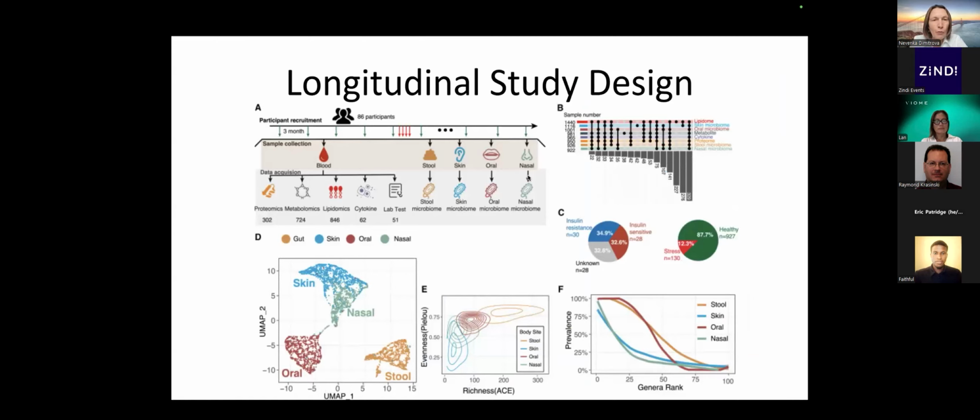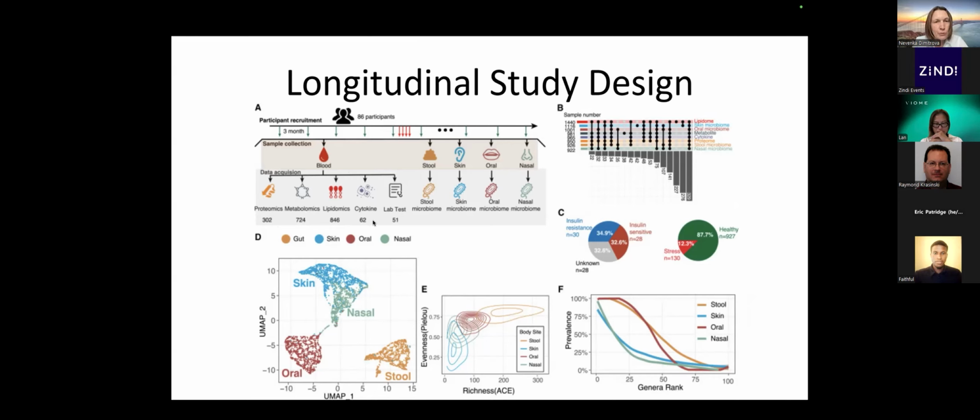At the overall view of the study design, at the top panel, we see how it was envisioned, meaning every 3 months, every participant gave their own samples. And these samples were collected from blood, stool, skin, oral, and nasal sites. Then there is data acquisition. So for proteomics, there are 302 samples, metabolomics, 724, lipidomics, 846 measurements.